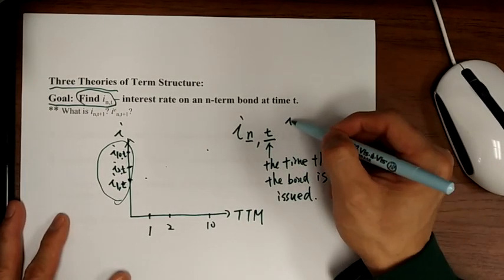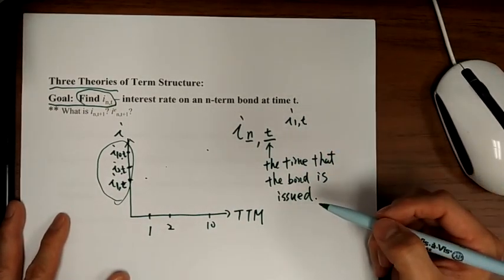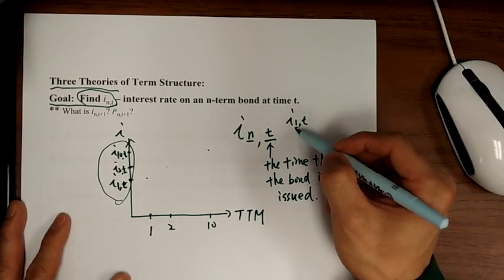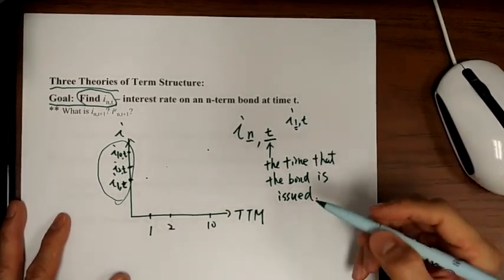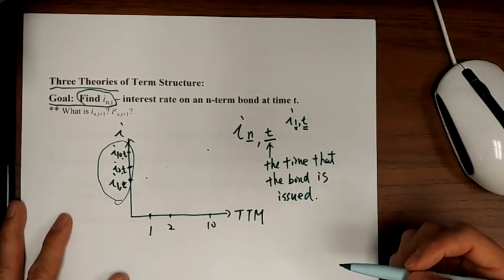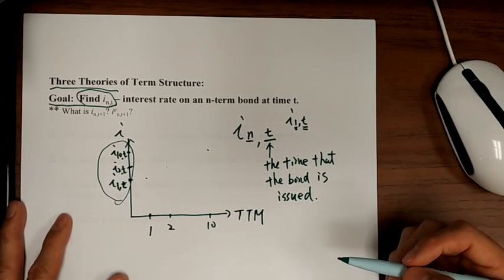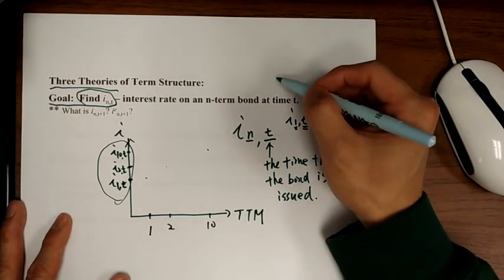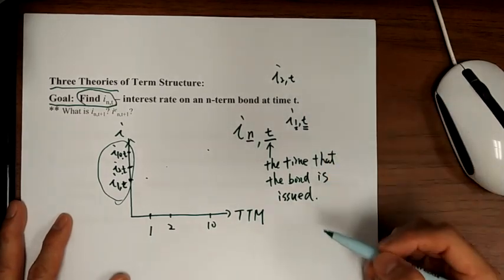Therefore, what is I1T? The answer is 1-year bond, the maturity is 1 year. 1-year bond interest rate at time T. Then what is I2T?